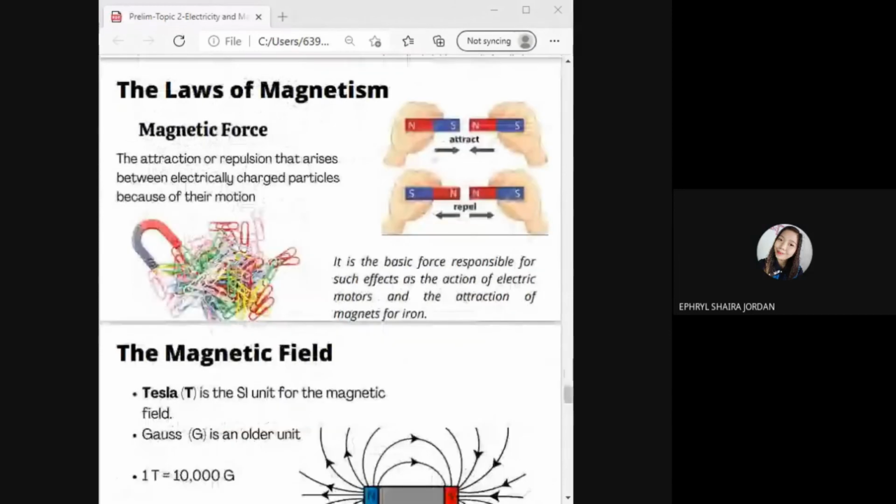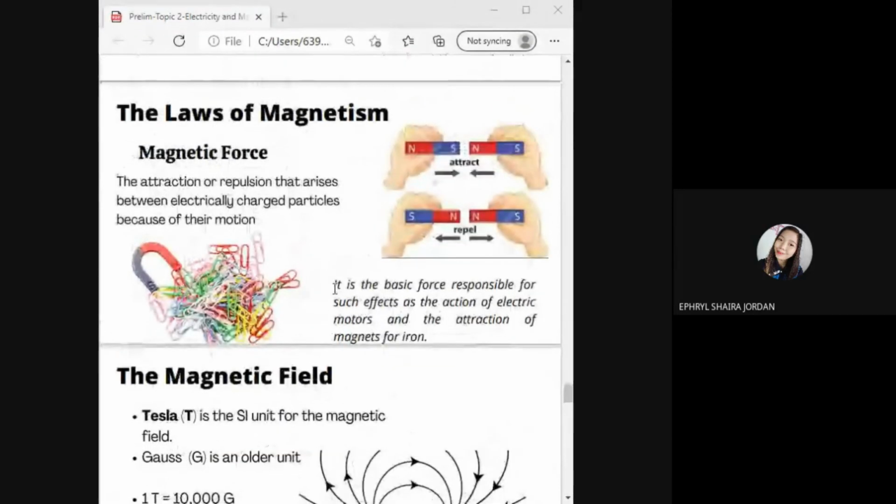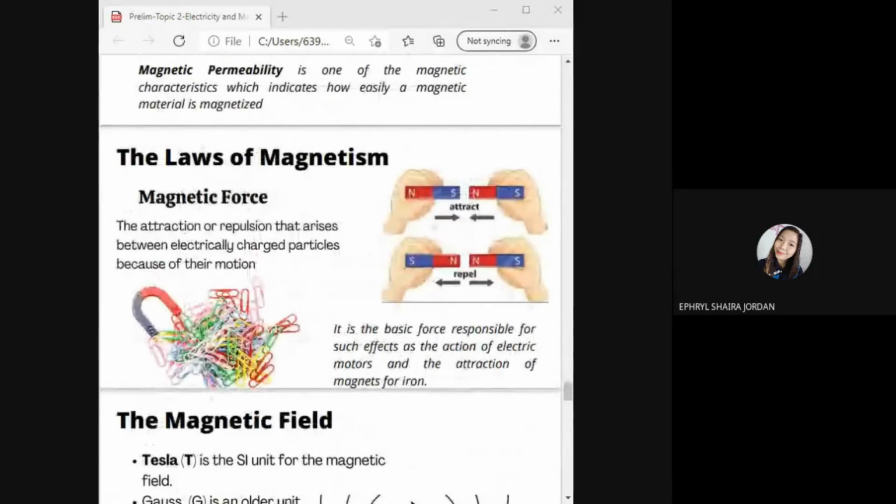So magnetic force is the force created by a magnetic field, and it behaves similarly to that of an electric field. This refers to the attraction or repulsion that arises between electrically charged particles because of their motion, and it is the basic force responsible for such effects as the action of electric motors and the attraction of magnets for iron.